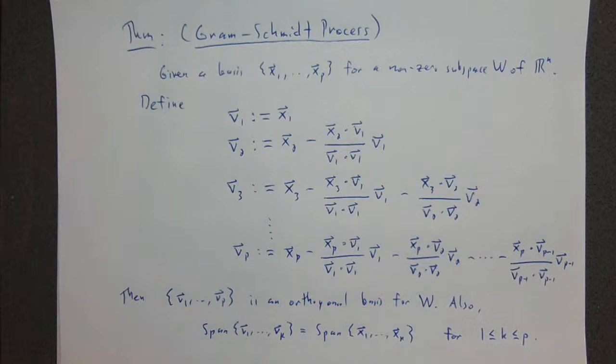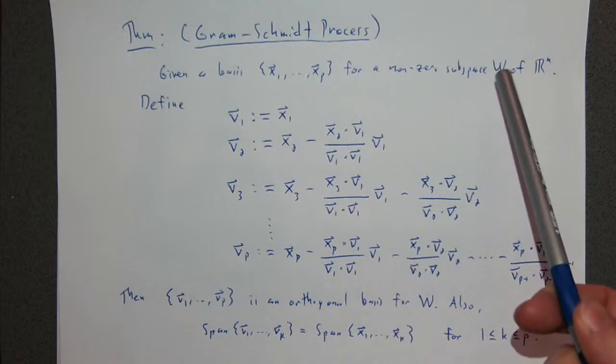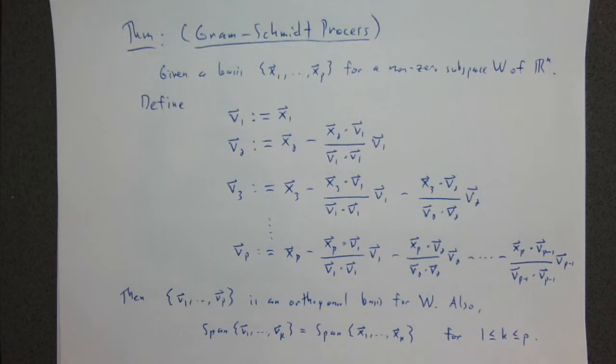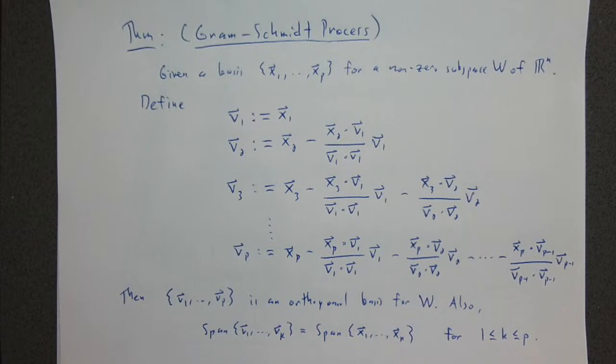So what this is saying is you can even treat this in intermediate steps. You could actually do this for subspaces of the subspace W similarly. So at each step, these spans are the same. This is a really nice fact.